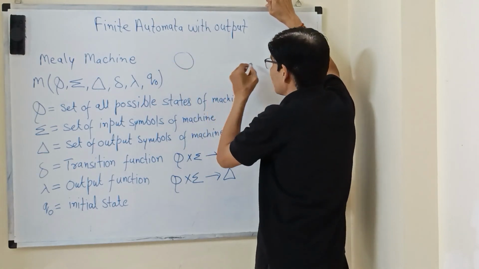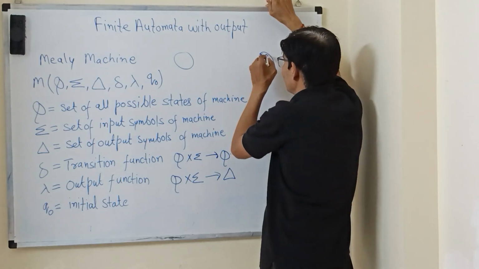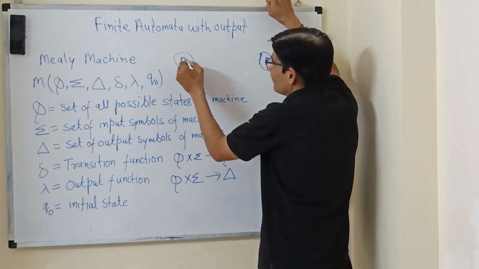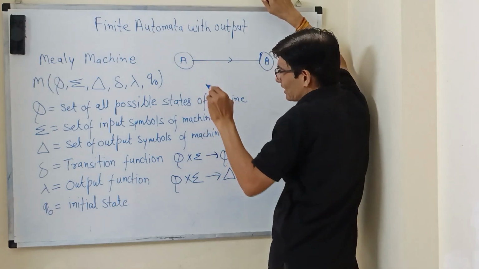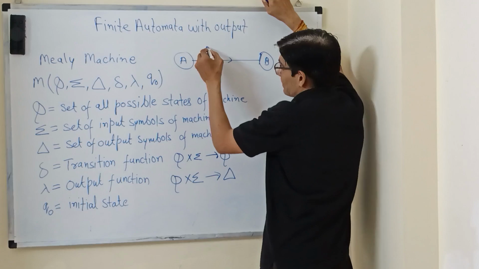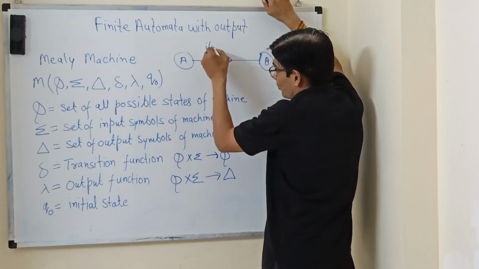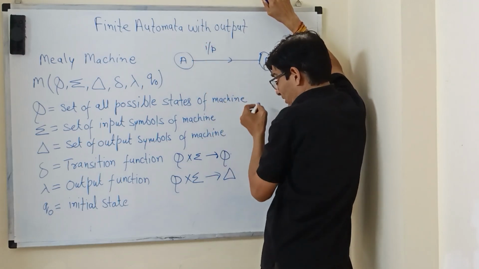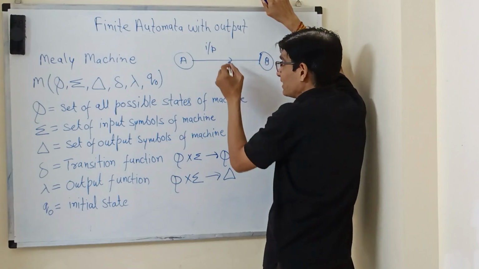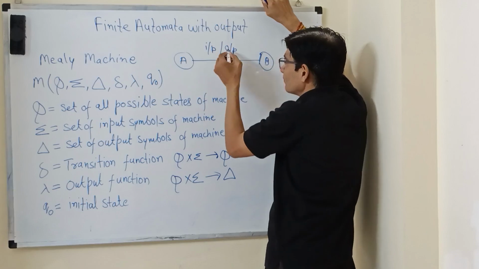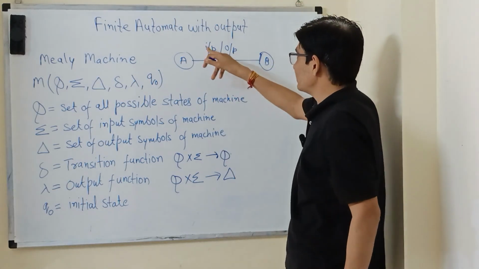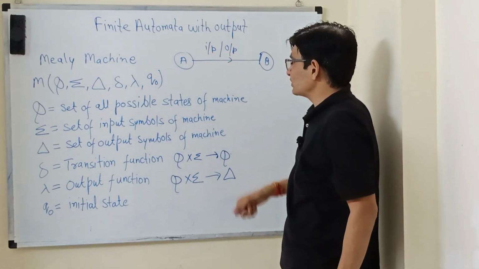So suppose there are two states, A and B, and between A and B, one transition is there. In such a case, we will represent one input symbol first on the transition, on the link between A and B, and oblique to it we will show one output symbol there.